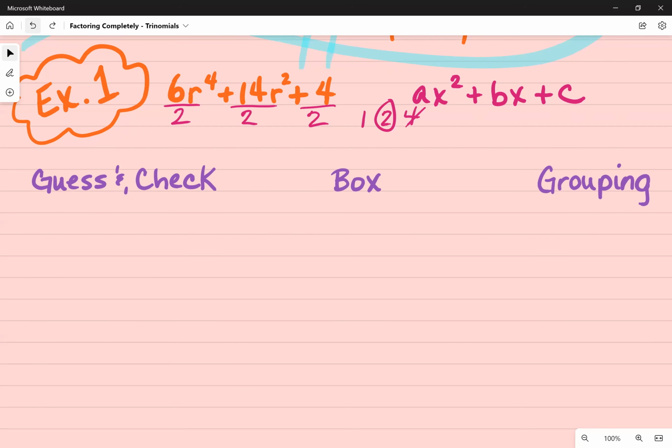What I want to do is take that 2, which is my greatest common factor, and put it on the outside of a set of parentheses. And what's on the inside of the parentheses is what's left over. So 6 divided by 2 is 3, and then I have an r to the 4th power. A positive 14 divided by 2 is positive 7, and I have an r squared. Positive 4 divided by 2 is positive 2.